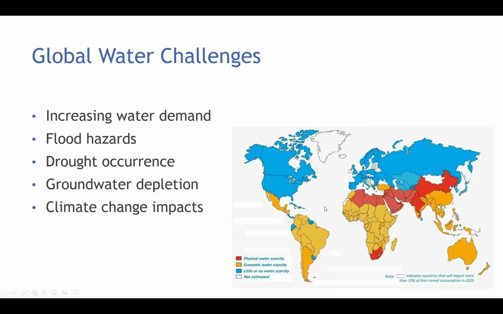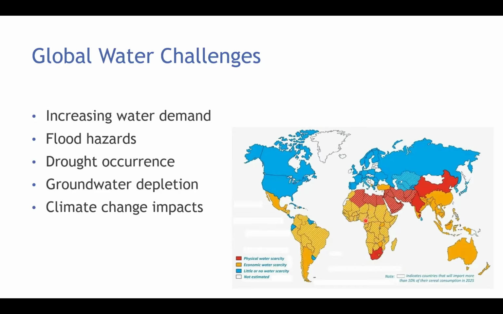Most of the developed countries like the northern part of America and Europe don't have water scarcity. But when we look at the Asian regions and also the Latin American region, you can see that there are many issues. For example, if we see the entire Africa, there is always water scarcity.